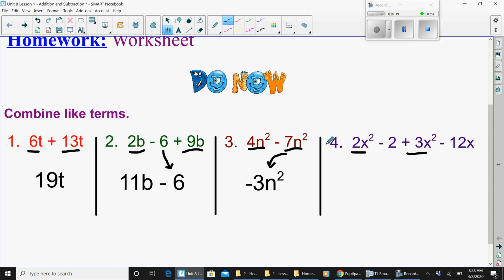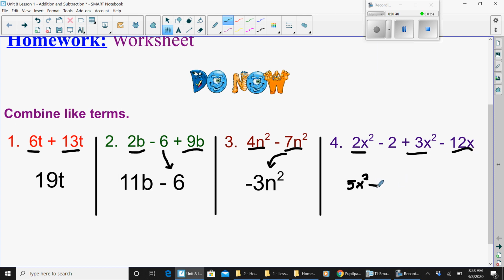So what is happening is that you are combining the x squared, so that is 5x squared. And then if you look, there's only one other x, so it's minus 12x.